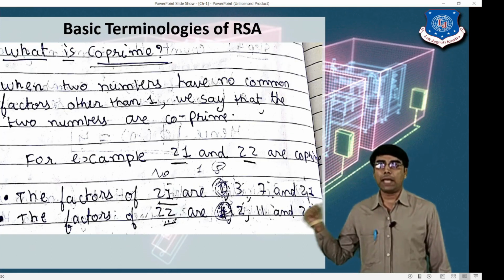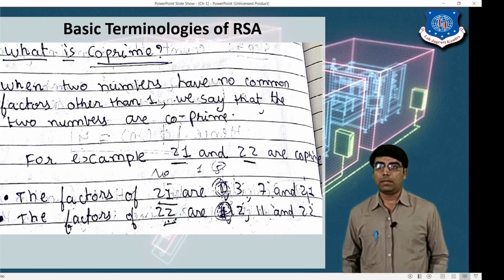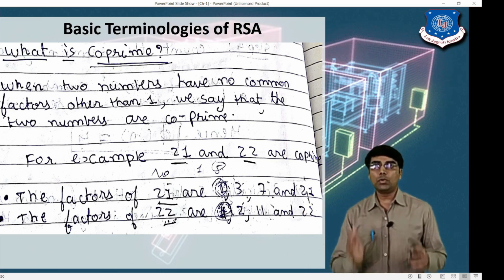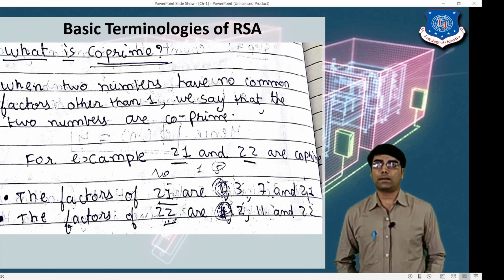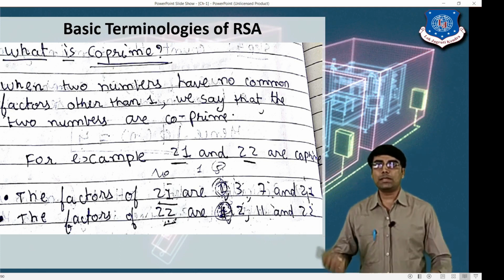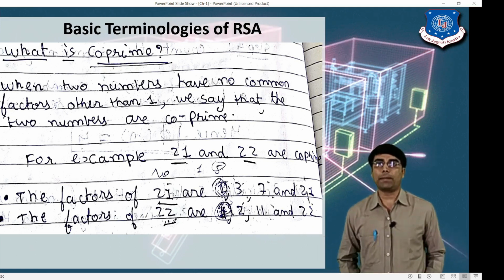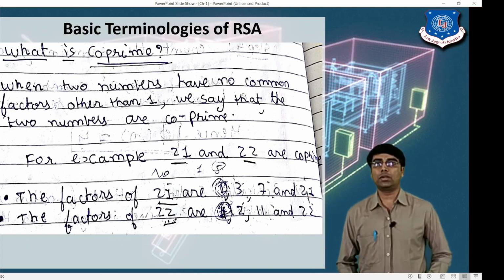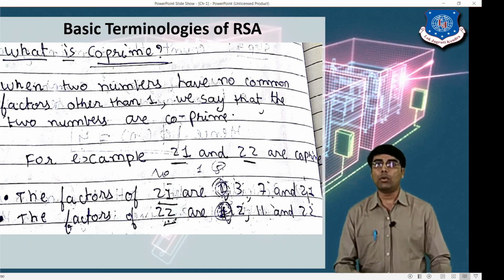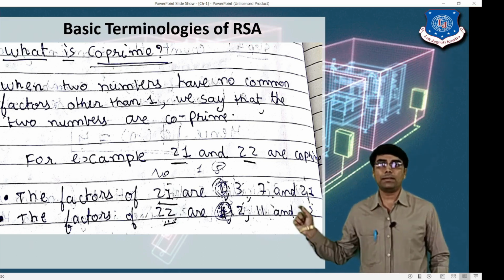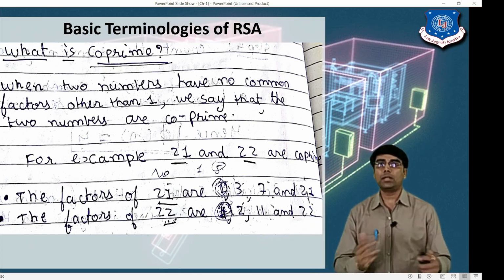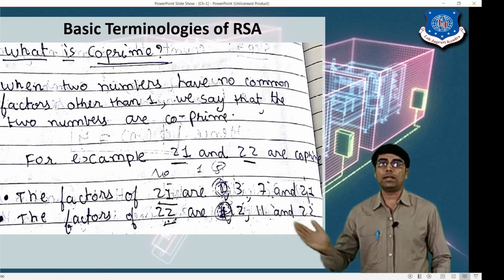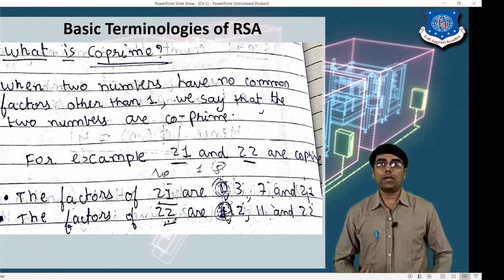Now the next topic is co-prime. Co-prime means that two numbers have no common factor other than 1. Let's take an example. There are two numbers, 21 and 22. These are co-prime. How? First we find the factors of 21 and 22. The factors of 21 are 1, 3, 7 and 21.